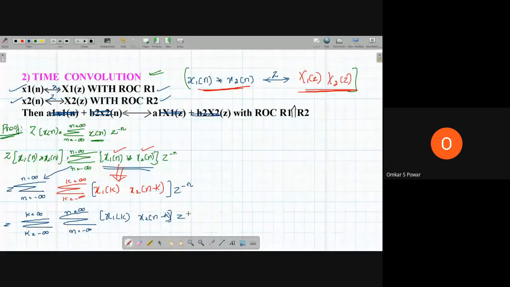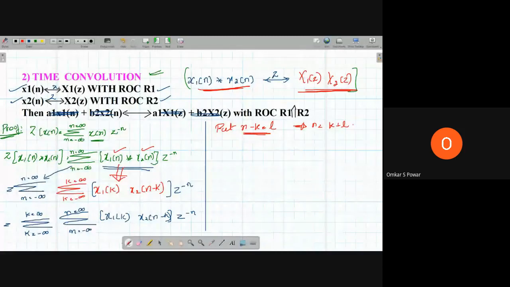Okay. So now what you have to do is we have to put n minus k is equal to L. So this implies n is equal to k plus L. So this one we have to substitute in the formula, further simplify the terms and get our answer. So I will substitute this one.